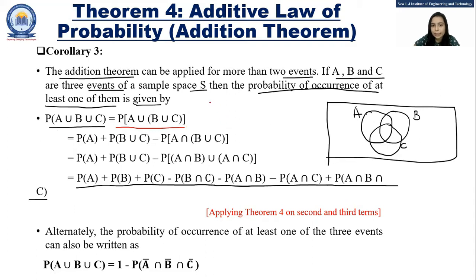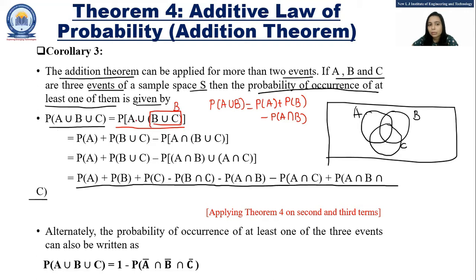So we have already discussed in theorem number 4 that P of A union B is equals to P of A plus P of B minus P of A intersect B. So here in this example, consider this as a B part.